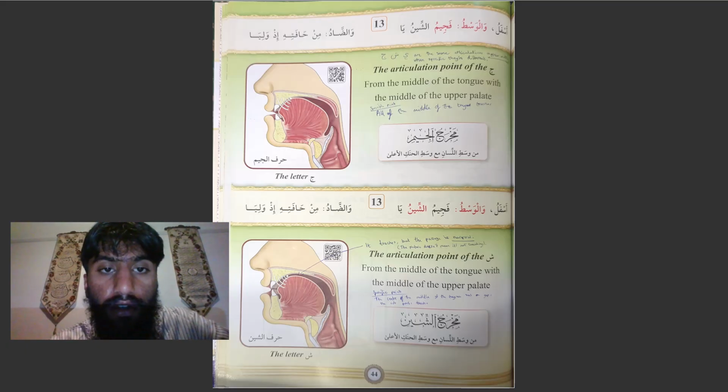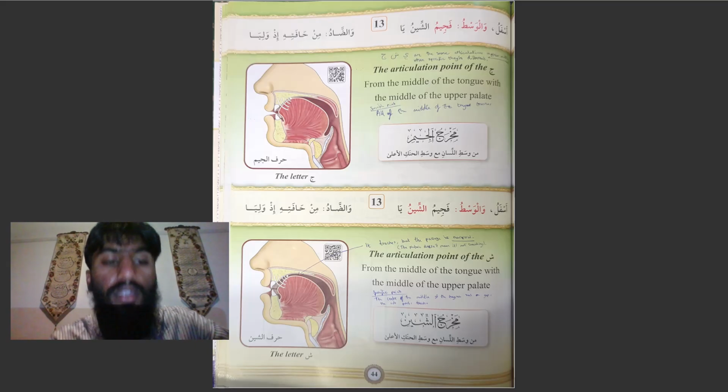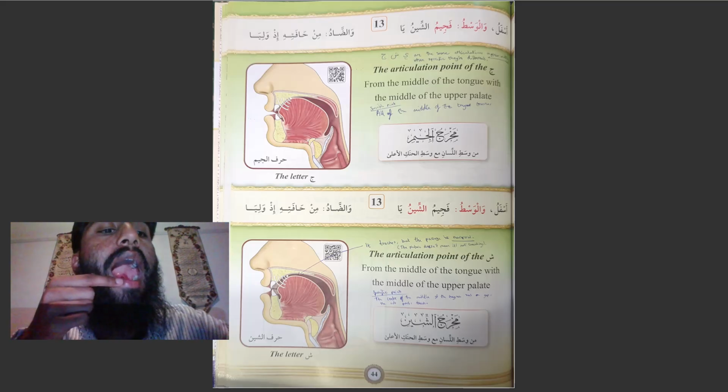Look. Oh, where's my mouse? There you go. Oh, my mouse is weird. The uppermost part of the roof of the mouth is right there, as you can see here.